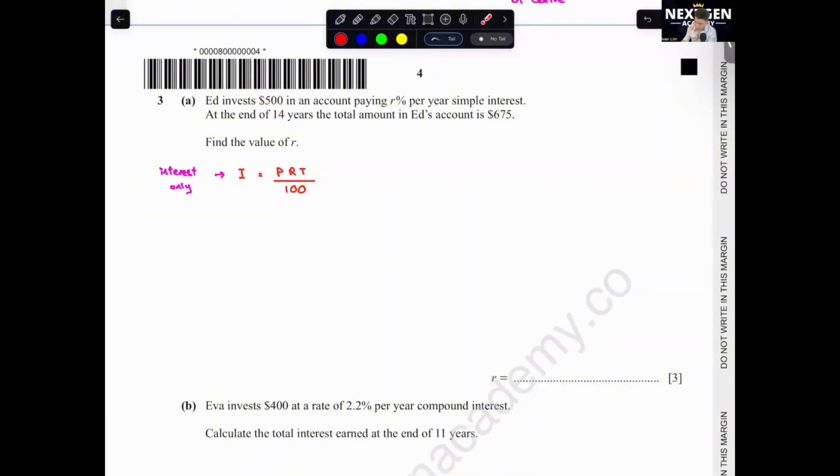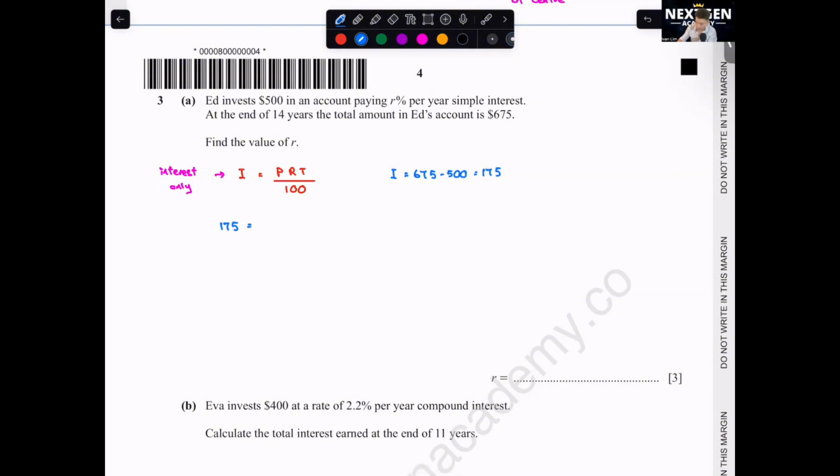Let's see what they give us. Here is $500. This 675, is it the interest? No, we have to find what the interest is first. So I equals 675 minus 500, which equals 175. If you put in 675 straight away, it's wrong.